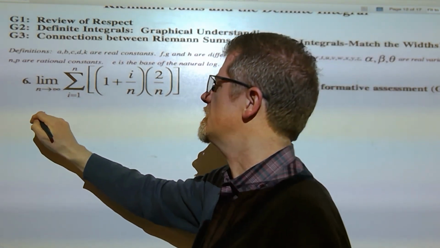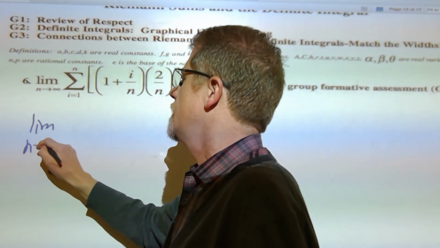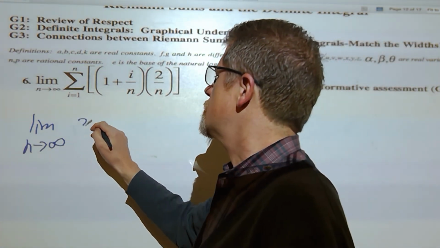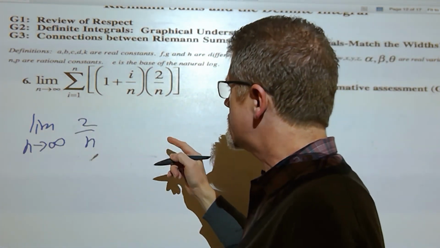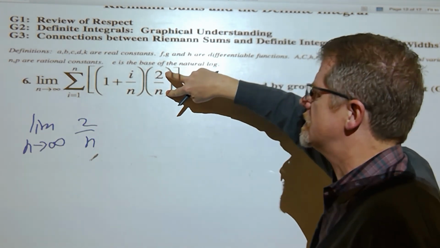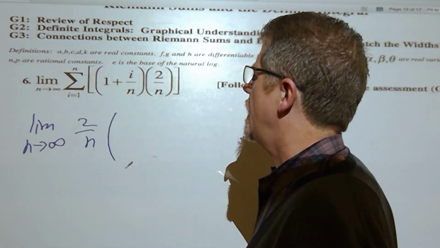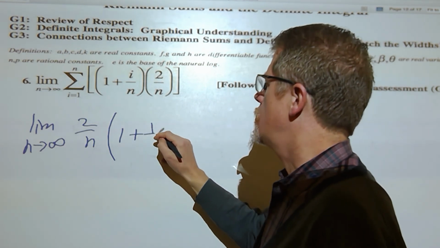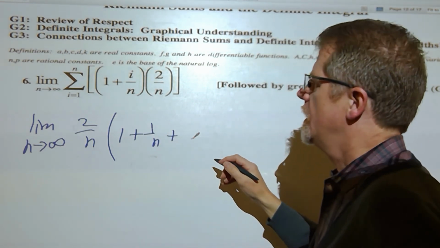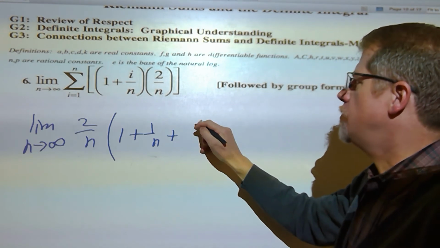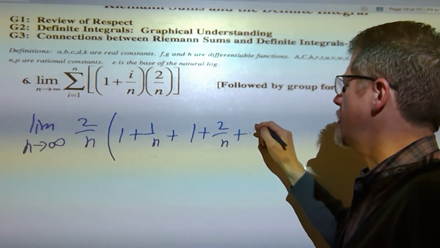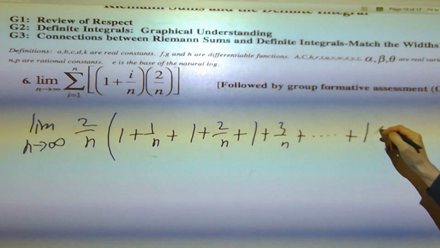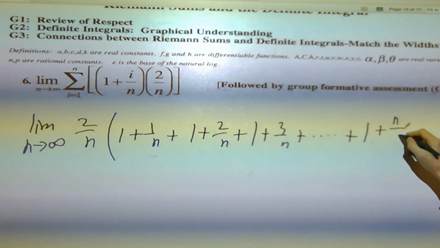So you could rewrite this as the limit as n approaches infinity of, and I'm going to just keep the 2 over n out front because it doesn't have an i in it, so it's the same every time. And first of all, let i equal 1, so it's 1 plus 1 over n plus. Now let i equal 2, 1 plus 2 over n plus 1 plus 3 over n plus dot dot dot plus 1 plus n over n.